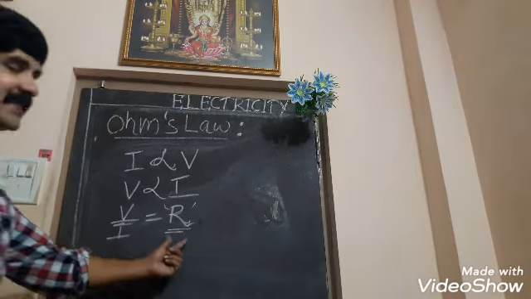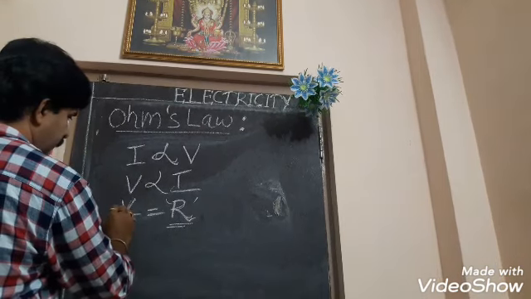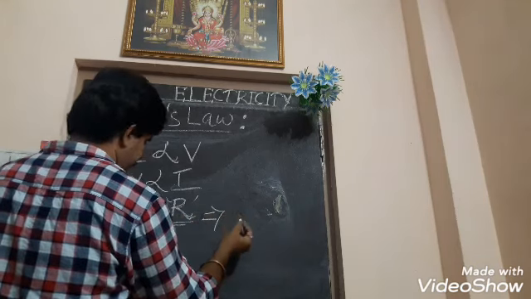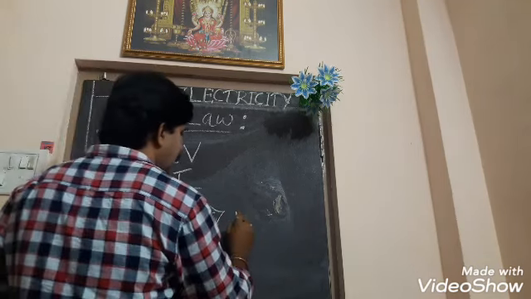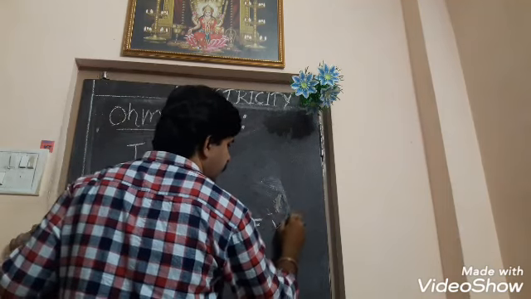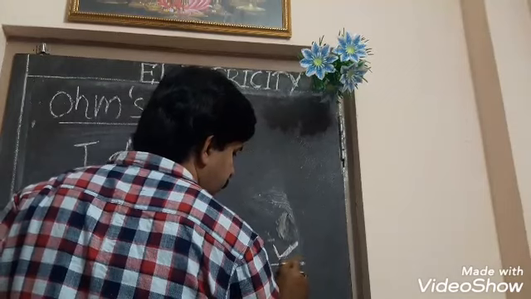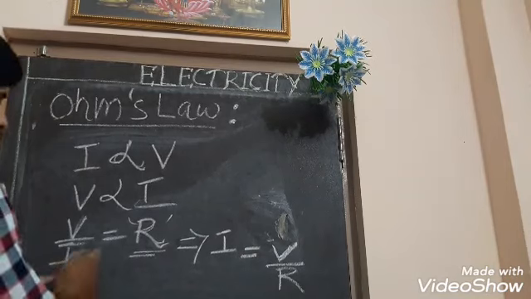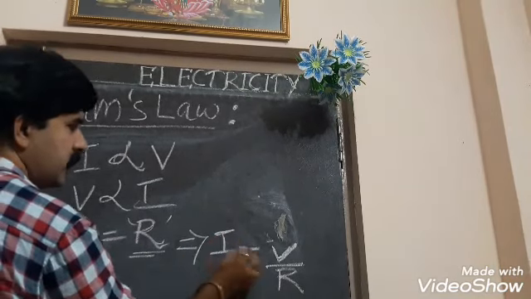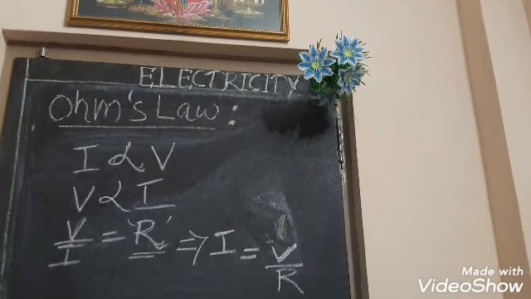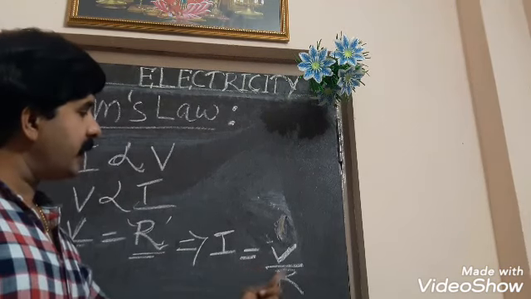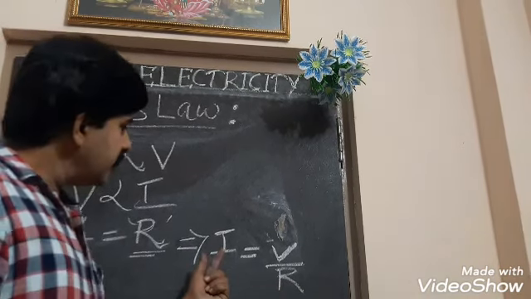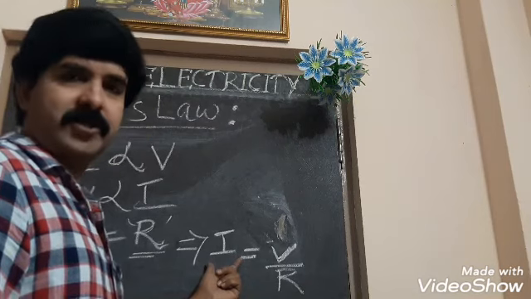So R is called the resistivity of the material. So V by I is equal to R. That implies I is equal to V by R. You see here, when V by I is equal to R, I is equal to V by R. If you concentrate on this relation, what does it tell us?